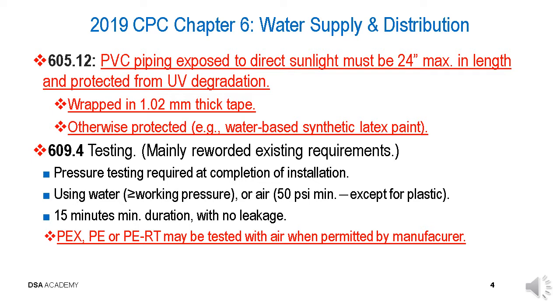The 15 minutes minimum duration still needs to occur with no leakage occurring. So these current regulations are reworded. There is some air testing of some plastic materials that may be permitted now. Interestingly now, PEX, PE, or PE-RT may be tested with air when permitted by the manufacturer.